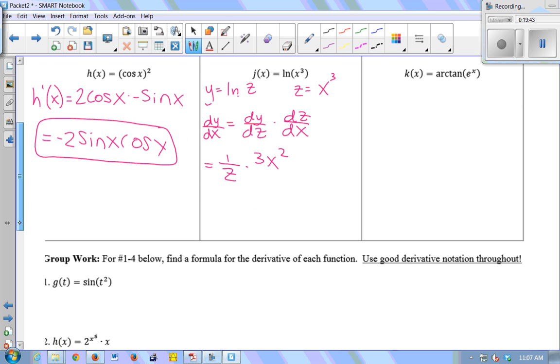Now all you have to do is substitute. The answer should only have x's in it because the original function only has x's in it. So in place of z, put in the x cubed, what z equals. So this is going to be 1 over x cubed times 3x squared, which is 3 over x.